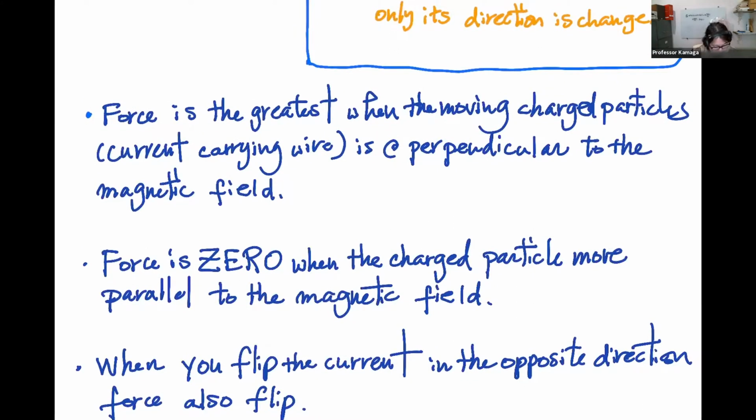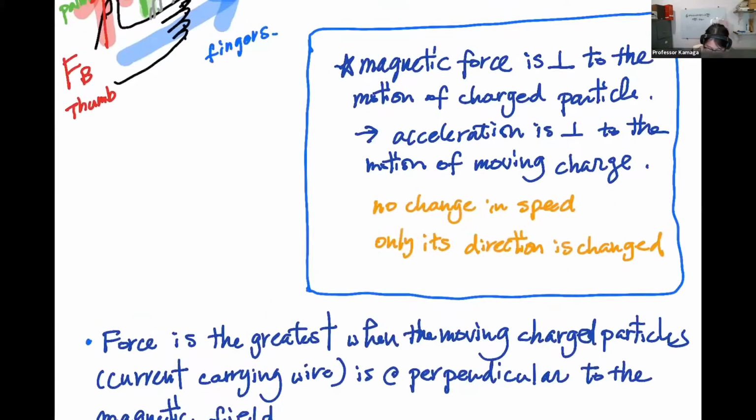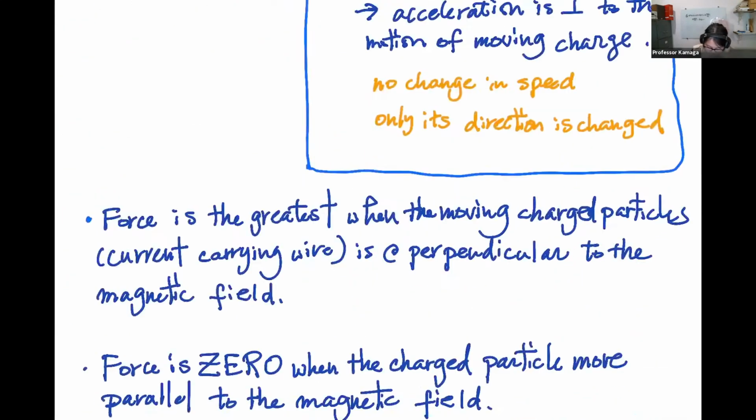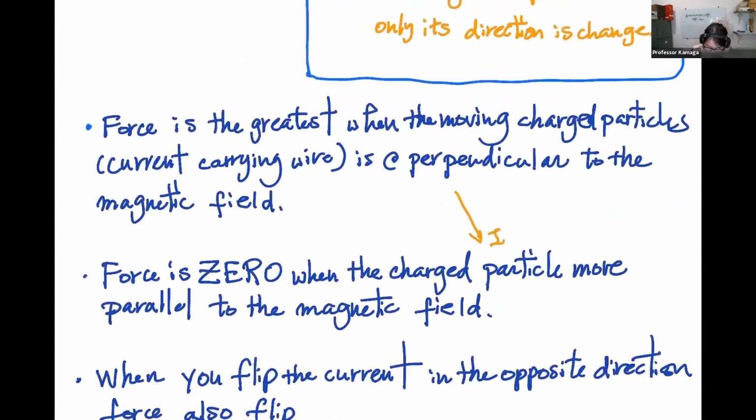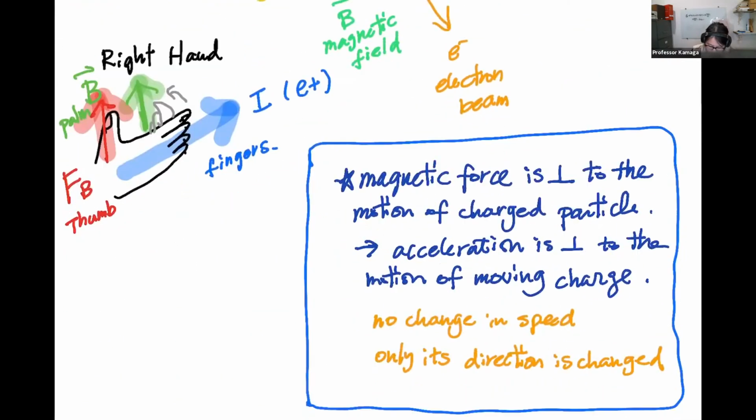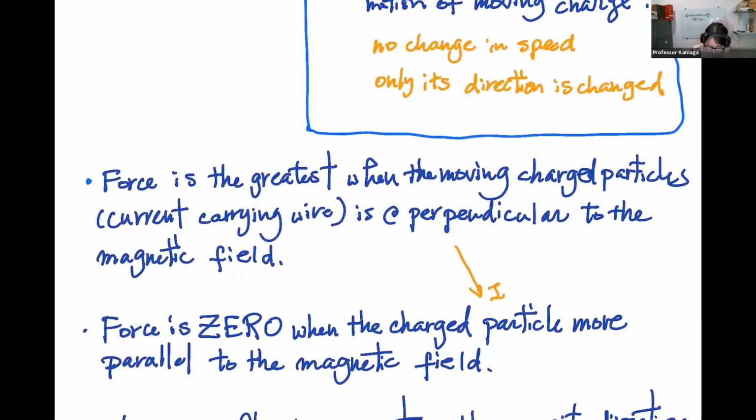When you have, let's see, what was the color I was using? Orange. The current, right? And the magnetic field is in this way.